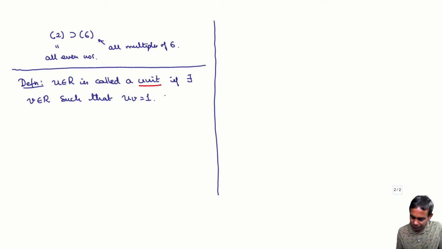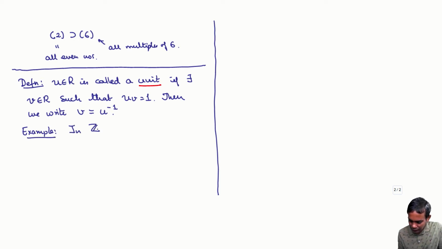This v is called the inverse of u, denoted by u to the power of -1. So for example, in the integers Z, the only integers which can be multiplied by another integer to get 1 are plus or minus 1.